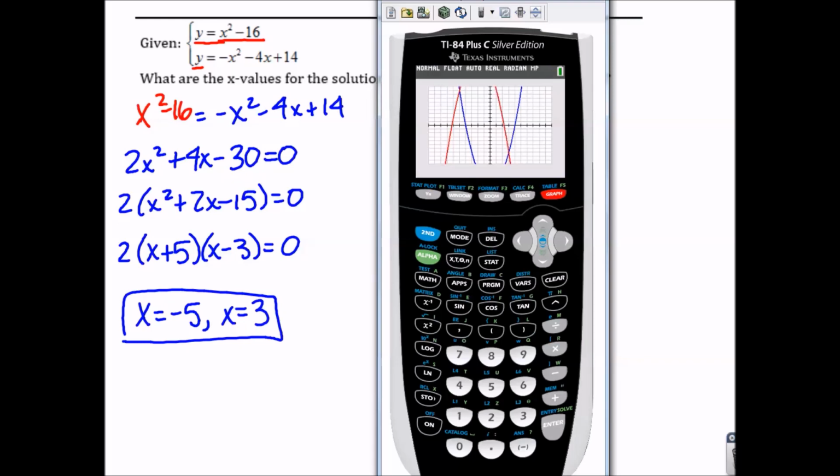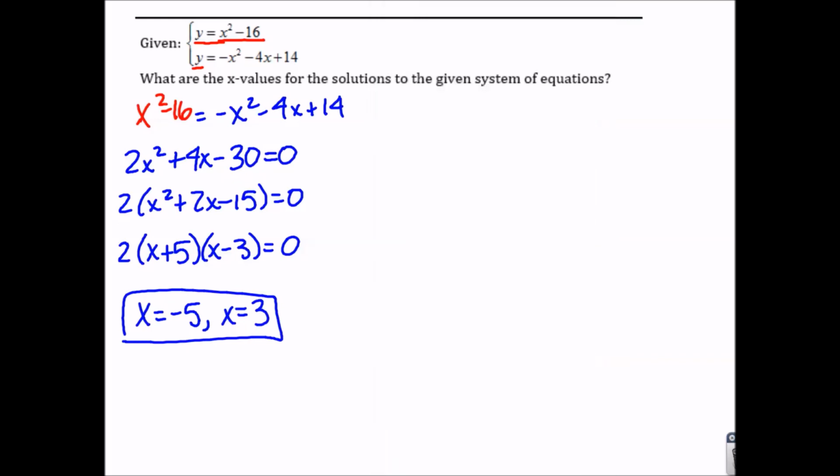So you can see that they intersect at two points, and the x values are all that you care about. So you have negative 5, which is good, and 3. And you can double check those using the intersection function on your calculator if you need to.